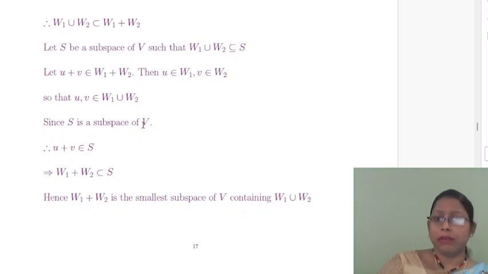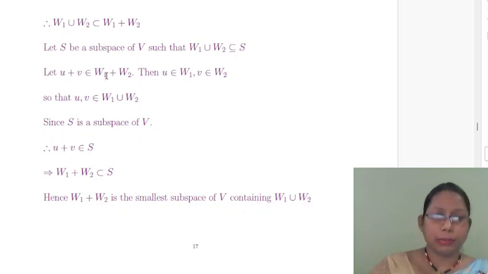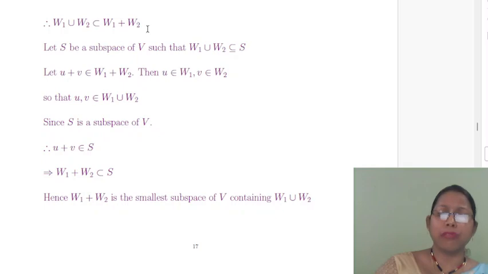So using the property of subspace, the subspace is closed under vector addition, so u plus v belongs to S. That means this w1 plus w2 is a subset of S. Given any subspace of vector space V over the field F, if it contains w1 union w2, then it must contain w1 plus w2. That is, w1 plus w2 is the smallest subspace of V containing w1 union w2.